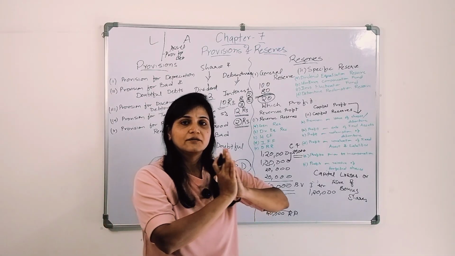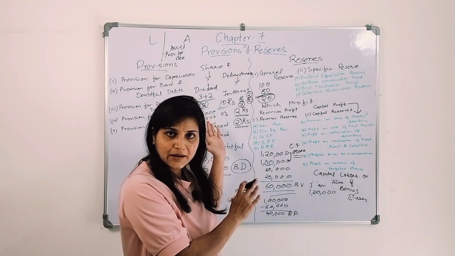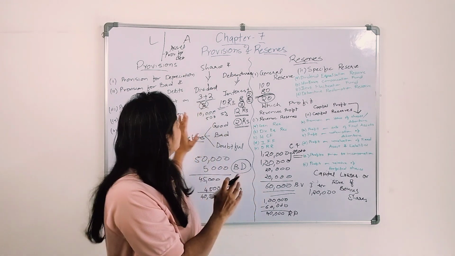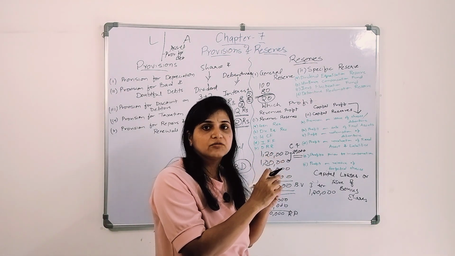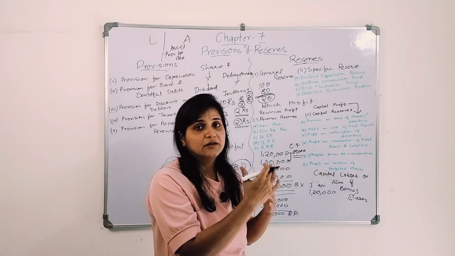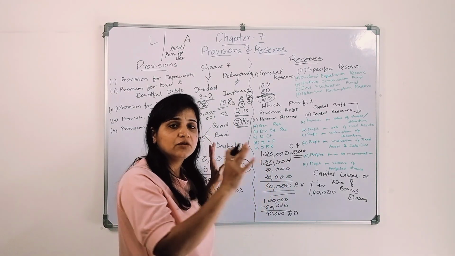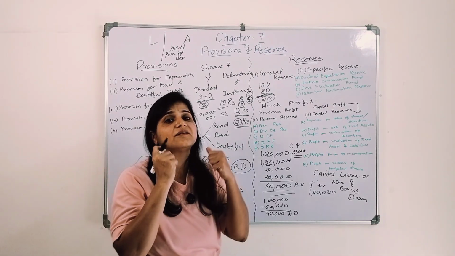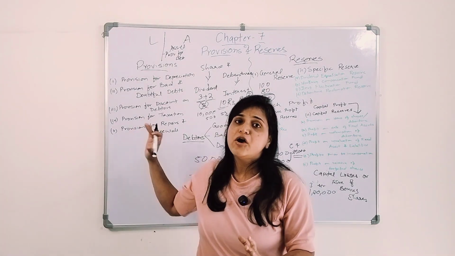Now the last thing remaining is: is this available for dividend? Provision amount, whatever profit is remaining, you can't give it as a dividend. This is not available. After calculating provisions, only the amount left is something which you can give as a dividend to the shareholders, not before that.